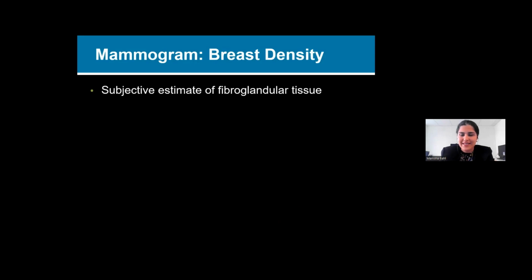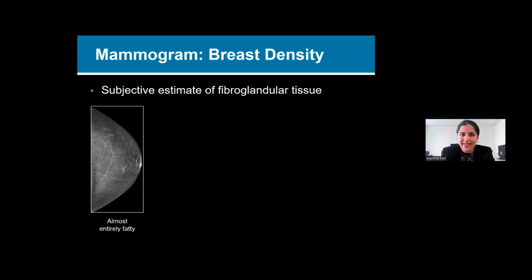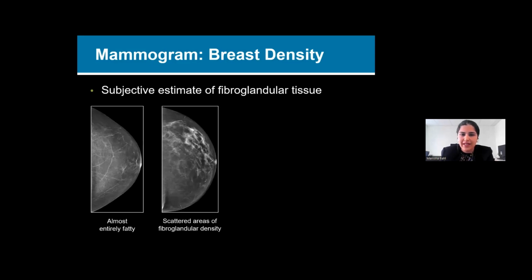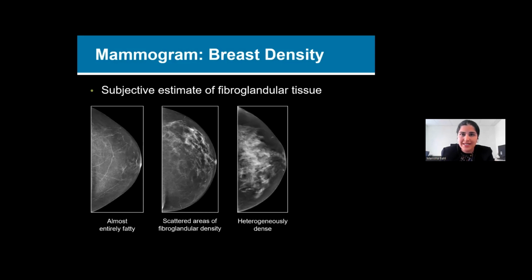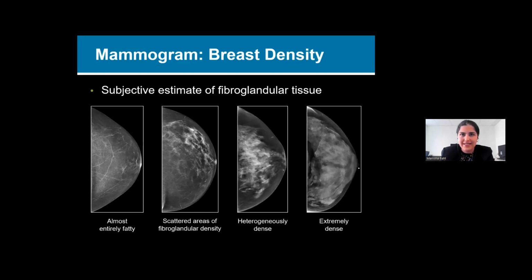The first sentence in our mammography reports is a comment about breast density, which is a subjective estimate of the amount of fibroglandular tissue or breast tissue relative to fatty tissue. According to the BI-RADS Atlas, which is a standardized lexicon that we use in breast imaging, breast density should be classified into one of 4 categories: almost entirely fatty, scattered areas of fibroglandular density, heterogeneously dense, and extremely dense.